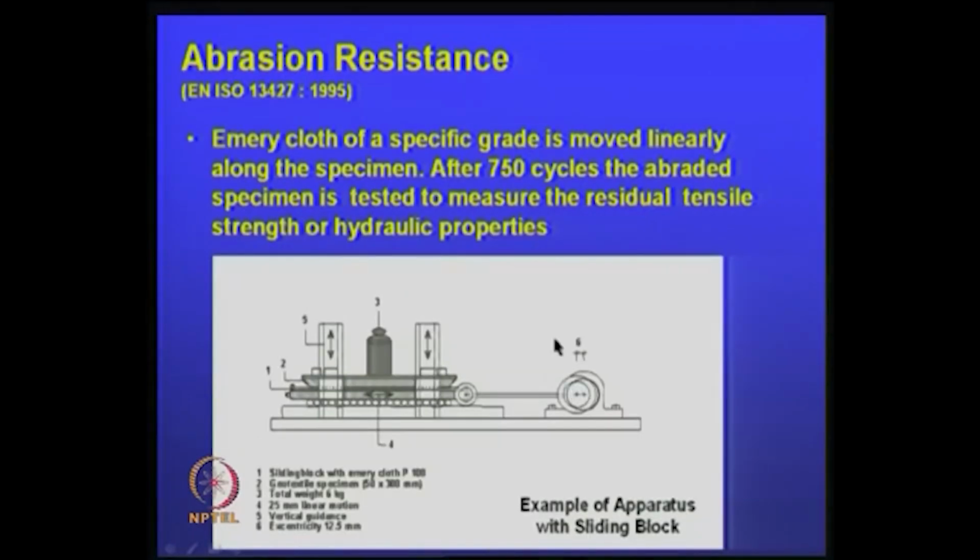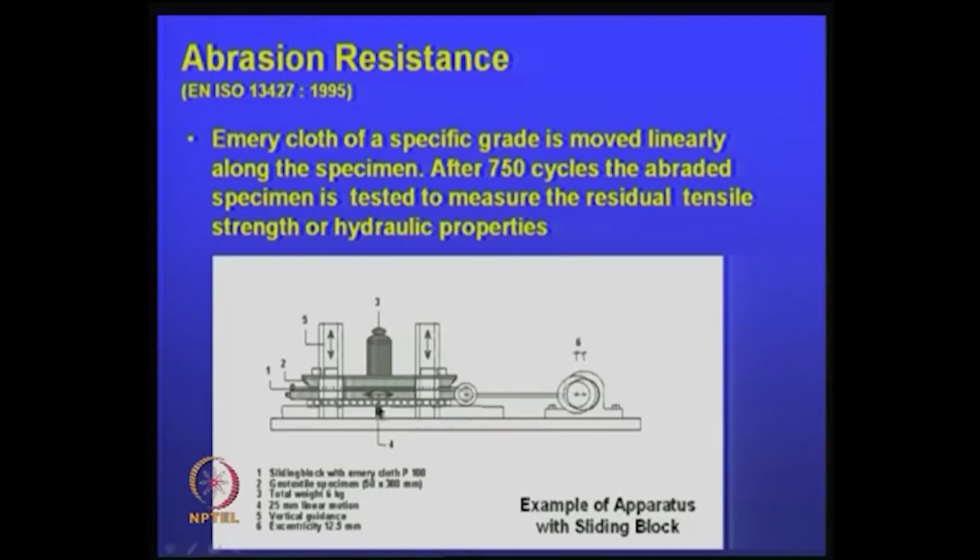There is another test called the abrasion resistance test, in which emery cloth of a specific grade is moved linearly along the specimen. After 750 cycles, the abraded specimen is tested to measure the residual tensile strength or hydraulic properties. Abrasion is one important property which can influence both tensile strength and hydraulic properties.